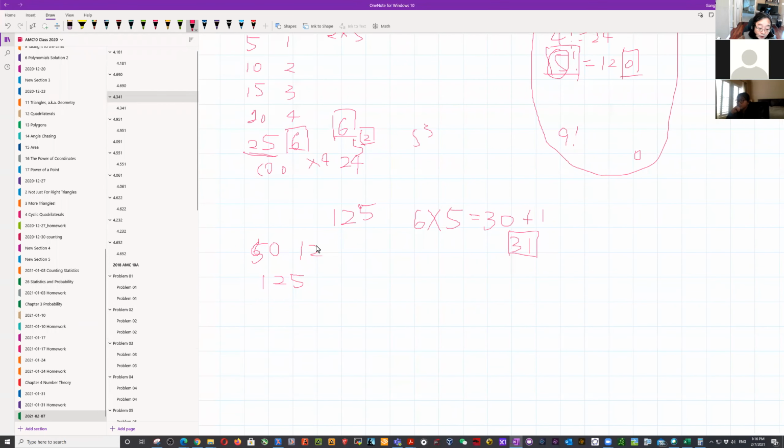For example, if I pick 100, then I can divide by 5 and get 20. So I got 20 factors of 5 by just counting numbers at 5 intervals. Then it's actually more than 20. It's actually 24, because I built up this way.